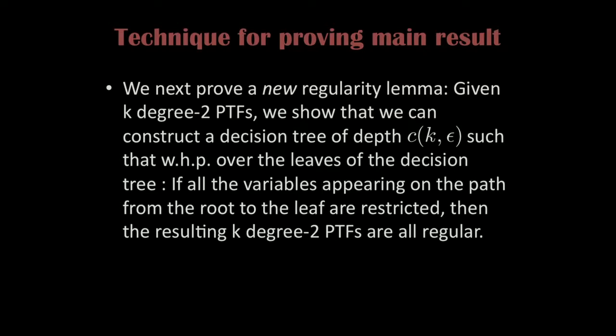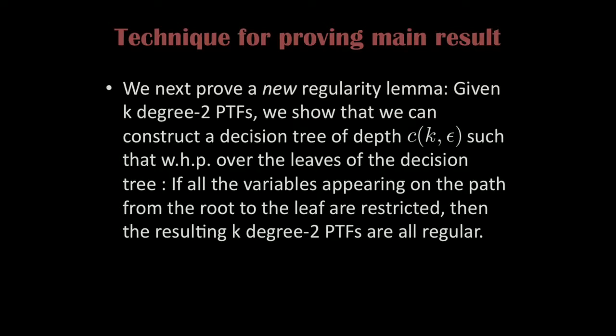But basically we show that if you are given k degree 2 polynomial threshold functions, you can construct a decision tree of depth depending just on k and epsilon, such that with high probability over the leaves of the decision tree, the following holds: if you restrict all the variables along the path going from the root to the leaf, all the resulting degree 2 PTFs will become regular. And this decision tree can be constructed in time poly(n) times 2 to the c(k, epsilon).